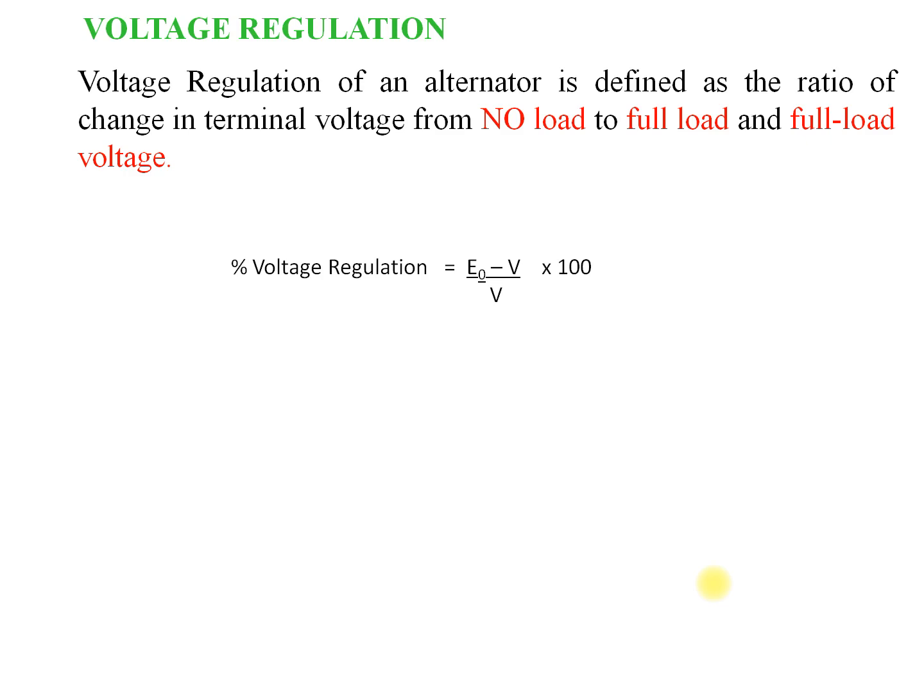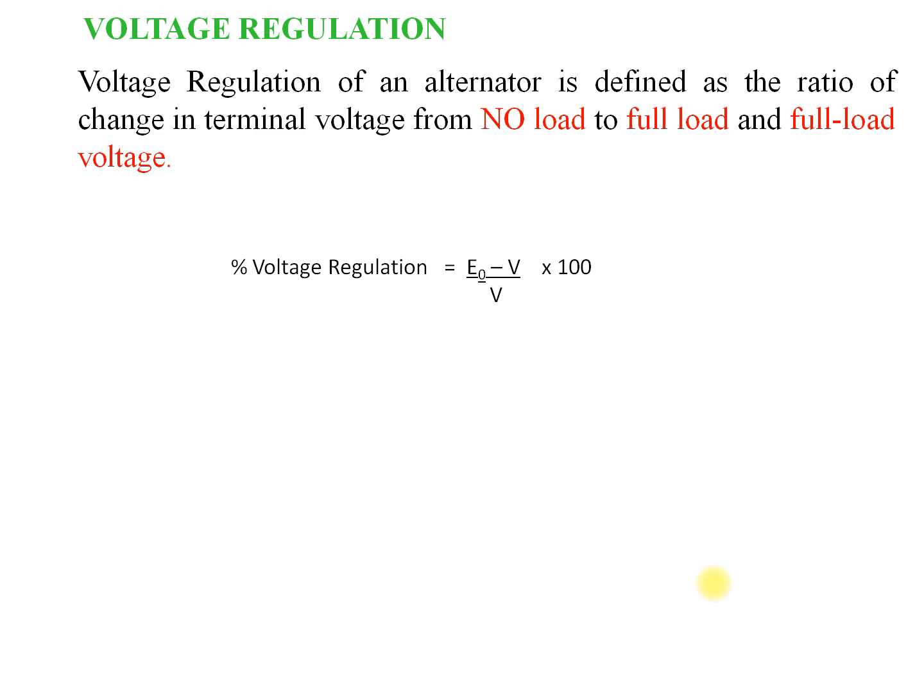If that device is at no load, the voltage will be full, but if that device is at full load, then the voltage will drop. How much voltage has dropped due to that particular loading condition is expressed by the parameter called voltage regulation.